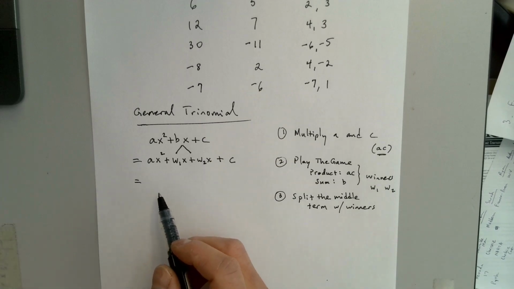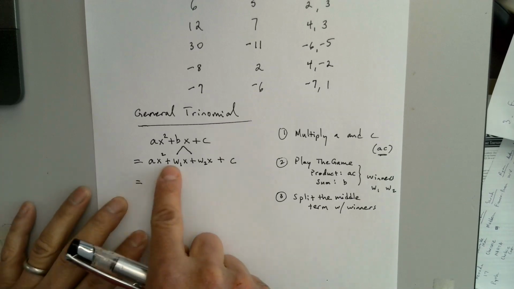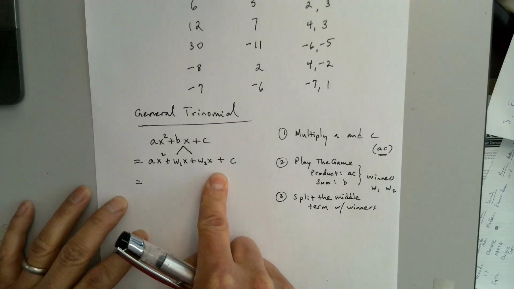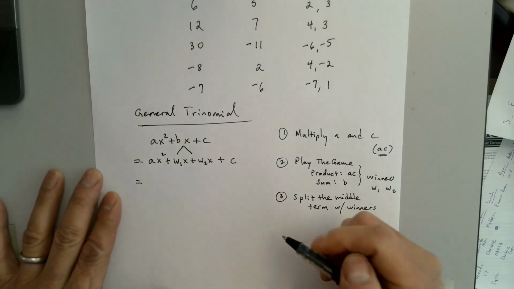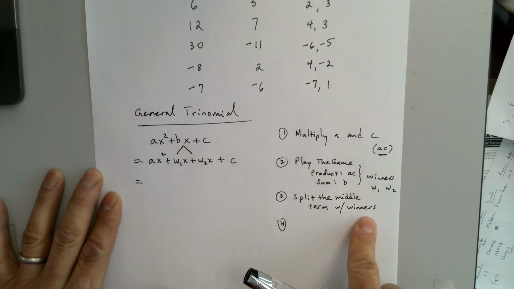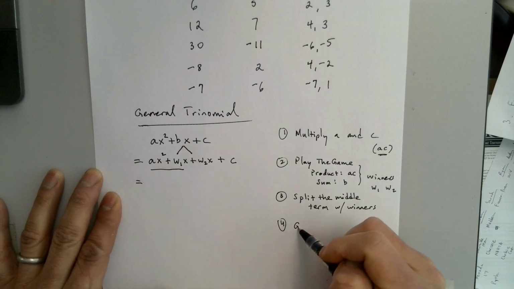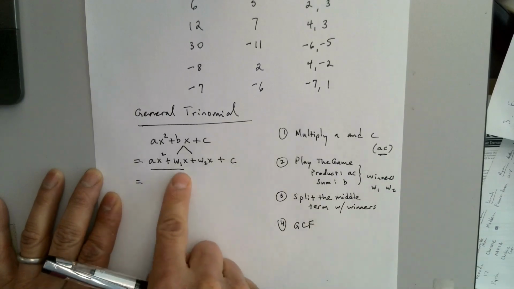In the last video, we factored 4-term polynomials, right? This is why we did that. There is a way to factor this 4-term polynomial. And that's what I'm going to do next. So after you split the middle term with the winners, look for a GCF in the first 2 terms.